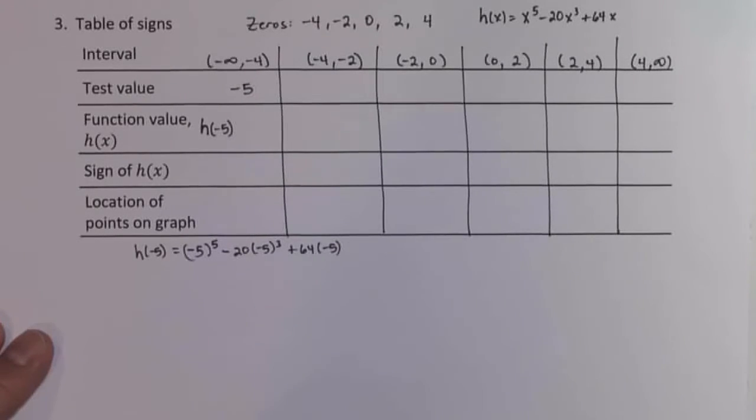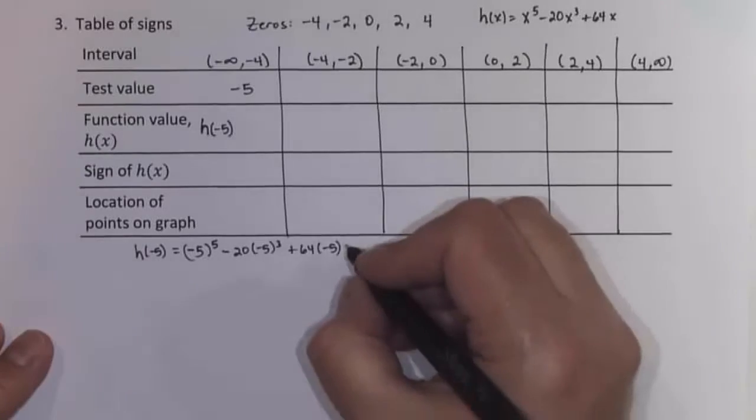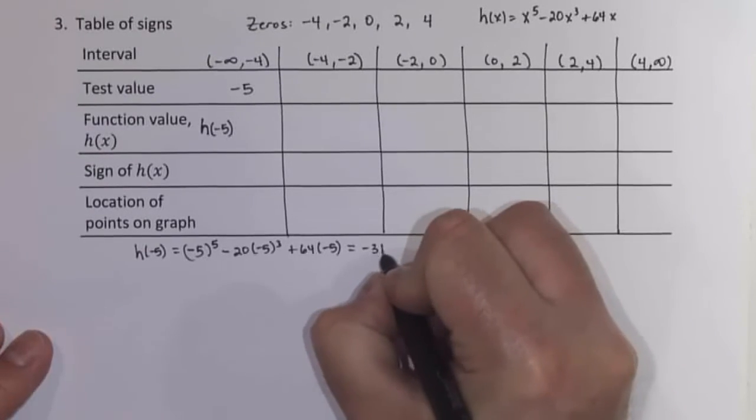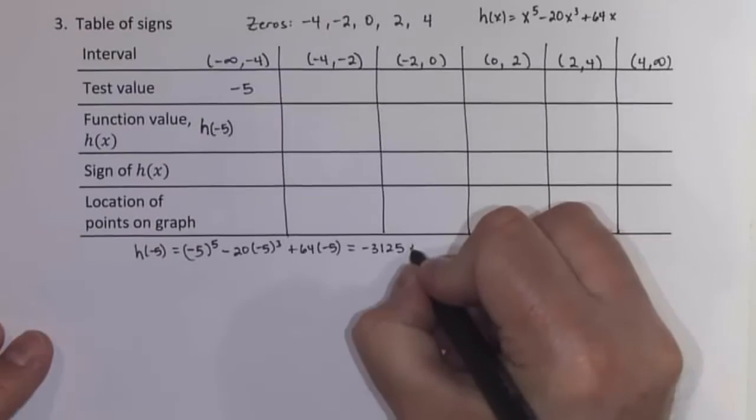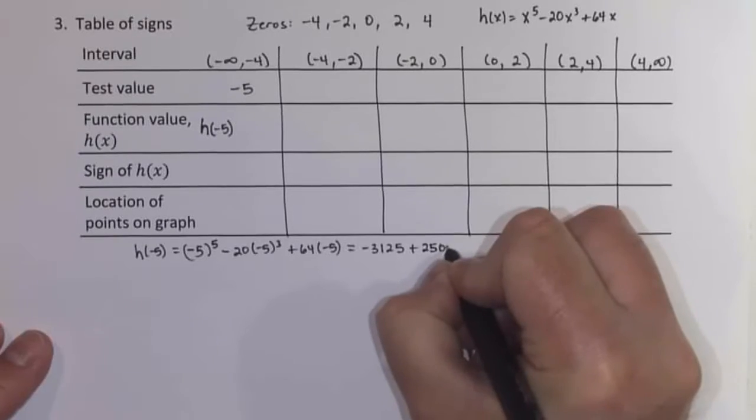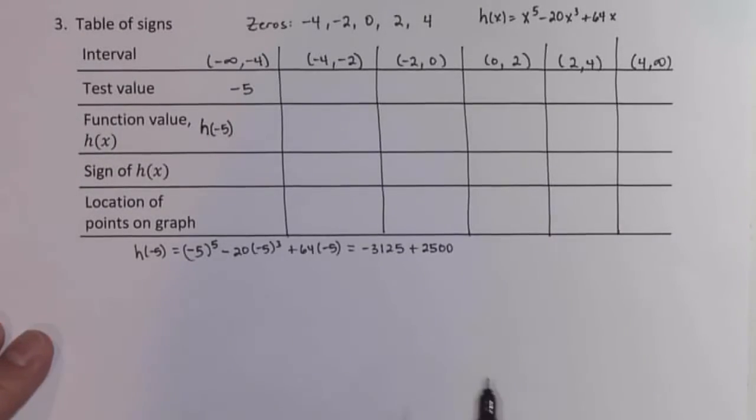Now, negative 5 to the 5th power is negative 3,125. Negative 5 cubed is negative 125. And negative 125 times the negative 20 is positive 2,500, or plus 2,500.